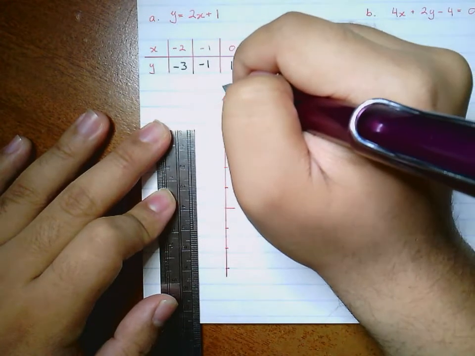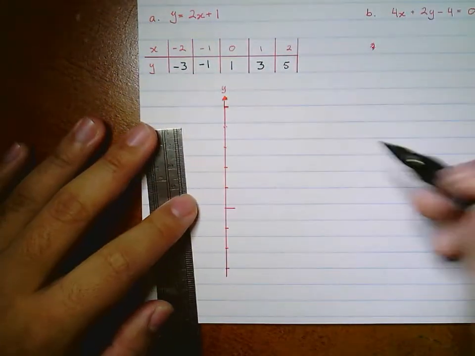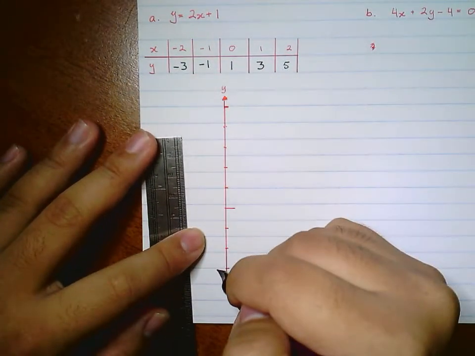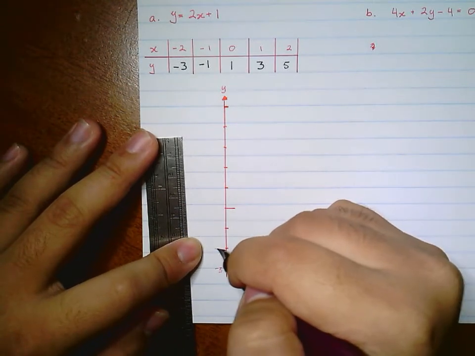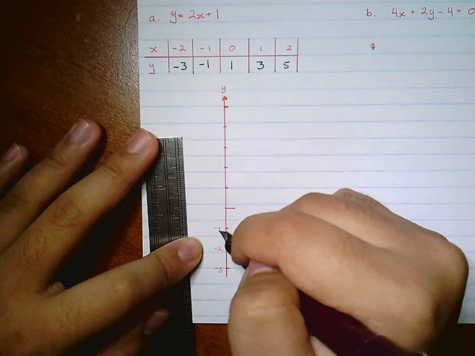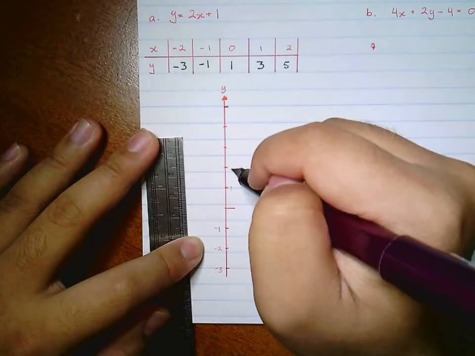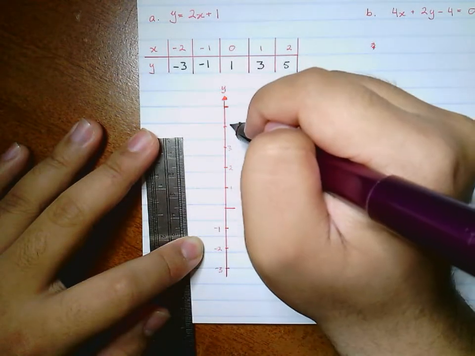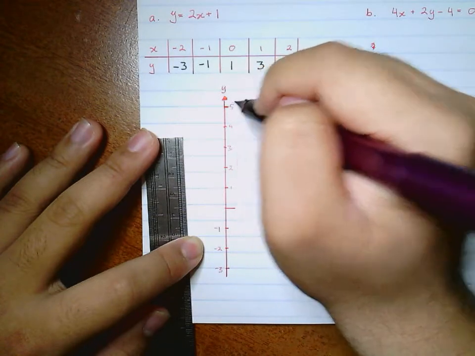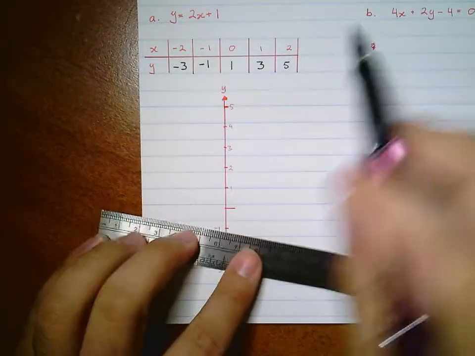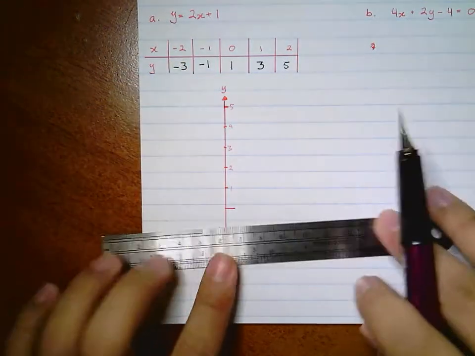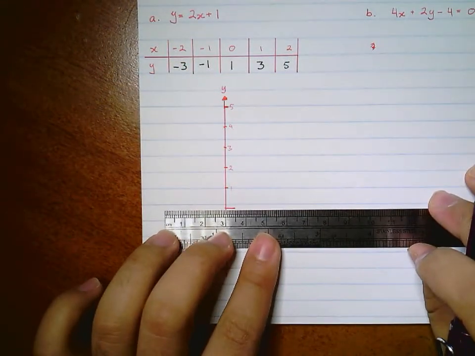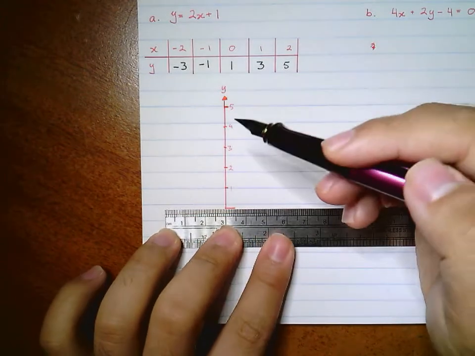That's my y-axis there. Giving them all labels. -3 we said is our lowest point. -2, -1, 0, 1, 2, 3, 4, 5. And I know that the x values extend from -2 until 2, so I only need about 2 centimeters on each side.